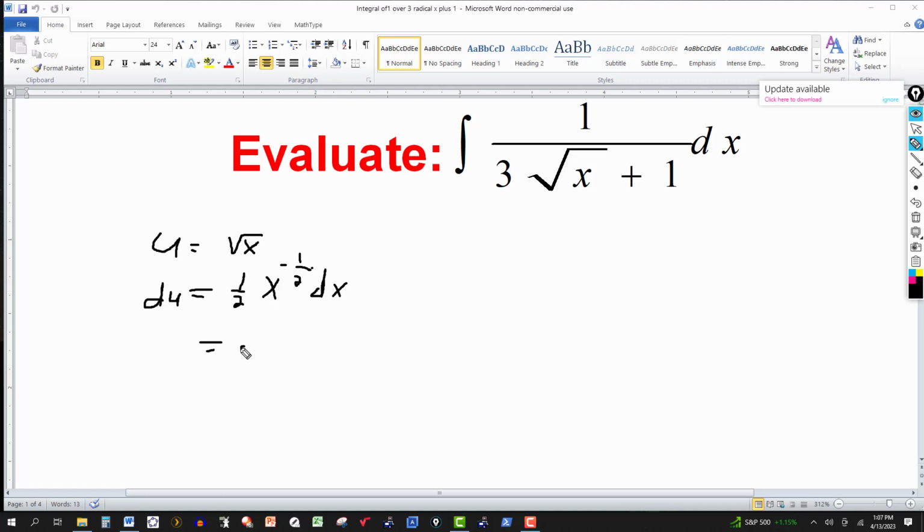So let's solve for dx here. Multiplying by 2 and by x to the 1/2, I'll get dx is equal to 2 x to the 1/2 du.